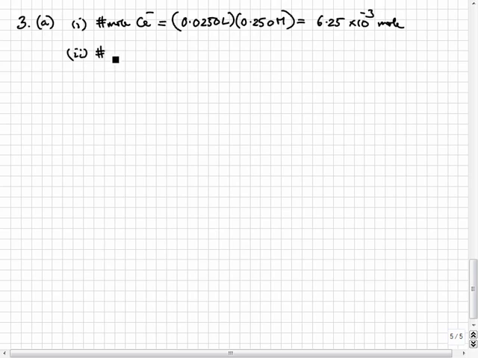The number of moles of Cl2 is related to the number of moles of Cl- by stoichiometry. According to the balanced equation, every 4 moles of Cl- produces 2 moles of Cl2. So the number of moles of Cl2 is 3.125 times 10 to the minus 3.